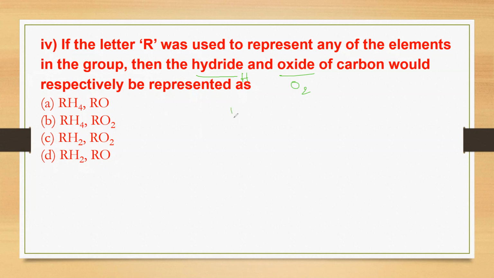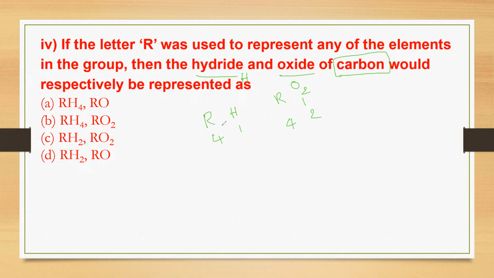You know the valence of hydrogen is 1. What is the valence of oxygen? It is 2. Here, the element R has a valence of 4, because this element is carbon.